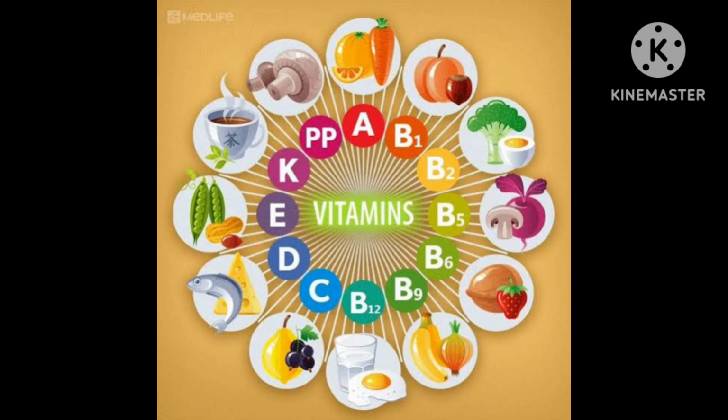Now vitamin B6, the other name is pyridoxine. What are the sources? Yeast, milk, egg yolk, meaning the yellow inside the egg, cereals, and grams. Correct? These are the sources for vitamin B6.